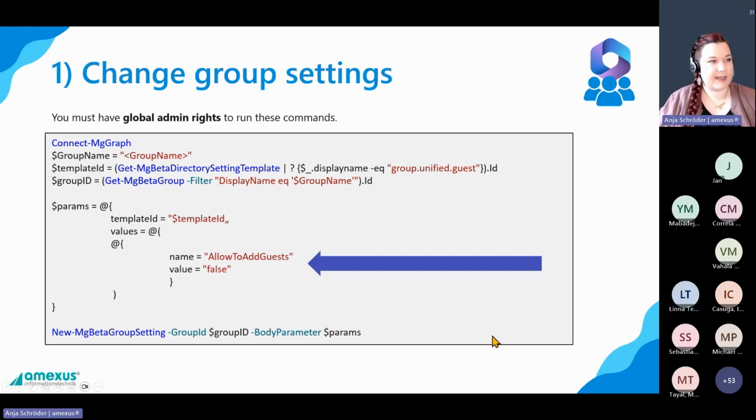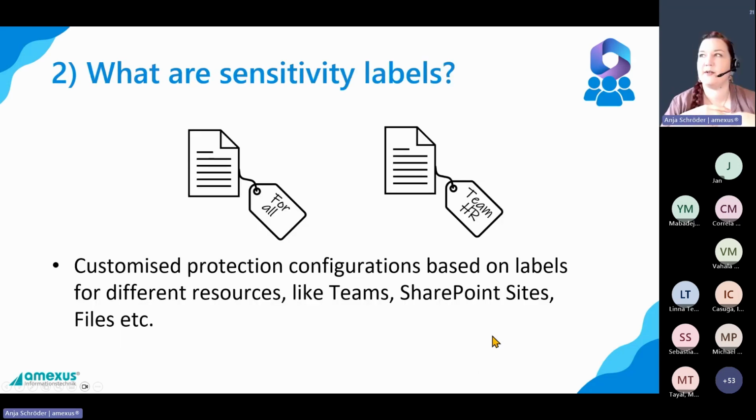The other way is, if this scenario comes up more than once or twice in your workday or in your organization, then you can choose to create a special sensitivity label. But before I talk about how to create them, I want to talk about what sensitivity labels are.